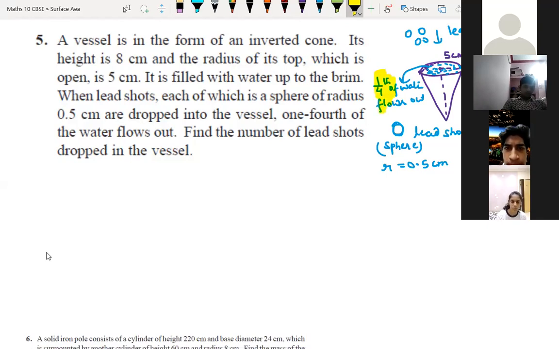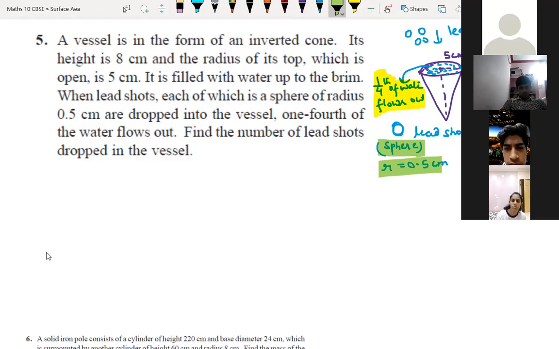It means that the volume of lead shots is equal to what? 1/4 of the volume of water, right, children? Yes, sir. So here the question is, find the number of lead shots dropped in the vessel.